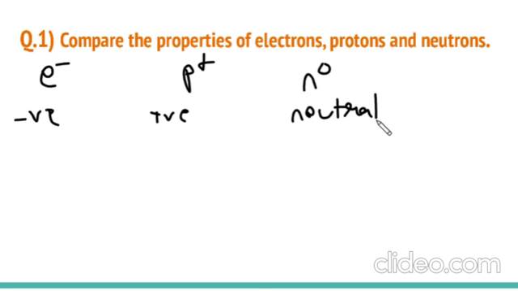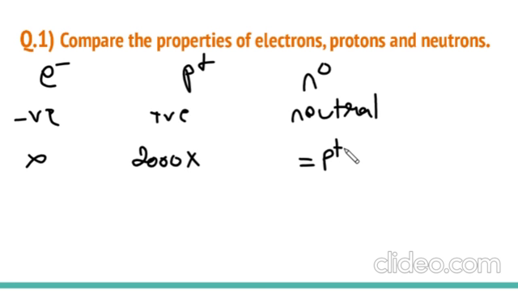Next is about their weight. Here in electrons the weight is almost negligible. The proton is 2000 times the electron, and the neutron is just the same as the proton. So that is the second property.